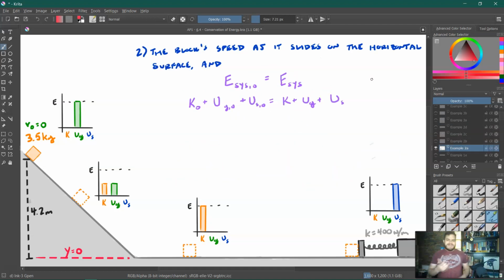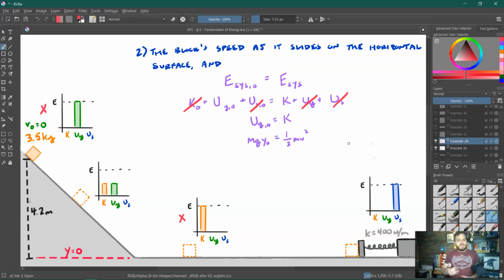Now let's talk about the second problem we had, which was what is the block speed as it slides on this horizontal surface? Well, we are going to once again have total mechanical energy conserved. I'm going to set this up, and I'm going to once again go with my initial situation and my now final situation. So I'm not going to have any kinetic or elastic potential energy here. And at this point when it's sliding, I don't have UG or US, just K. So I can simplify that and say UG naught equals K, or mgy naught equals 1/2 mv squared.